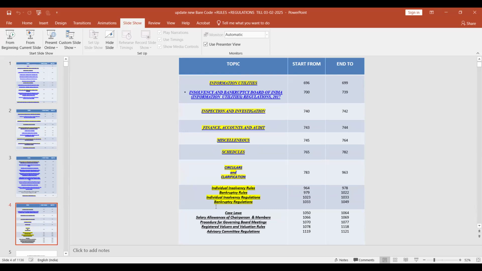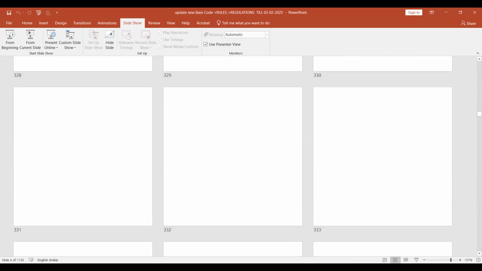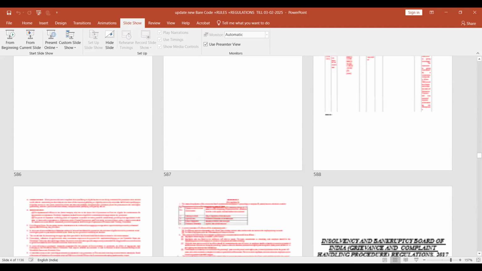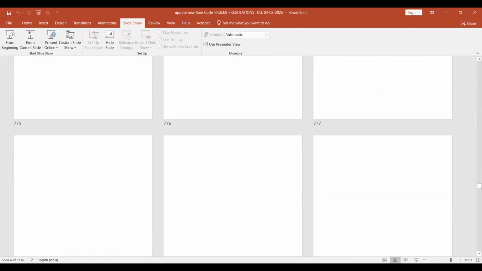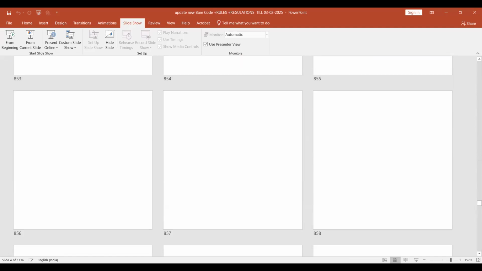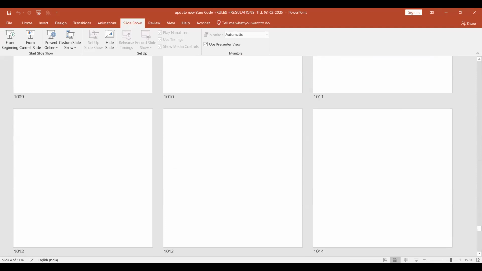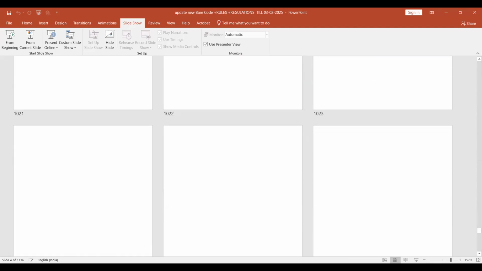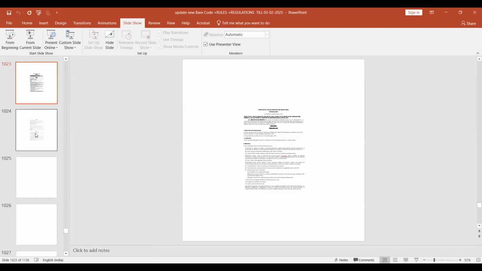So they are given on page number 1023. Just a minute. Let me open that. So these are the regulations.